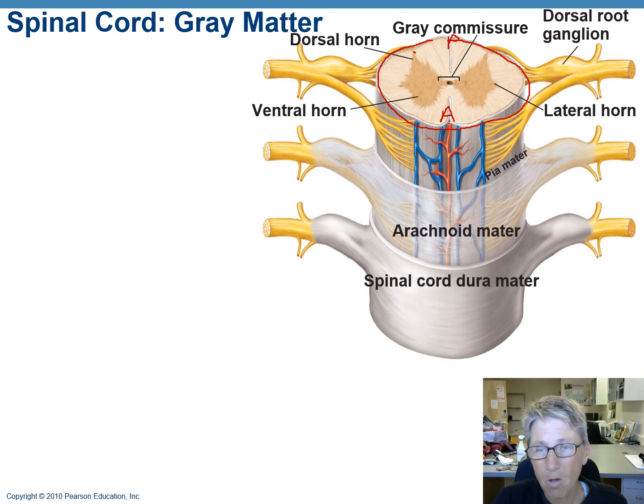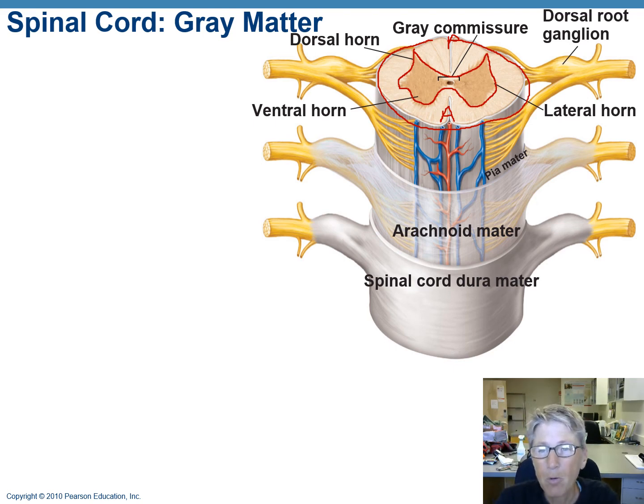So this is all gray matter, this dark tan stuff. This is all the gray matter that I'm putting a circle around. And then the white matter is superficial to the gray matter.